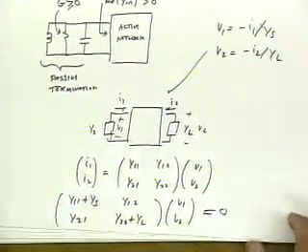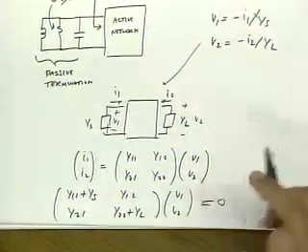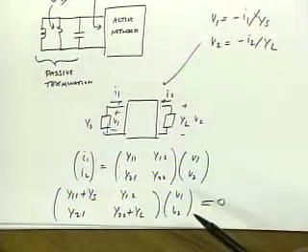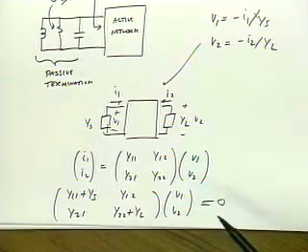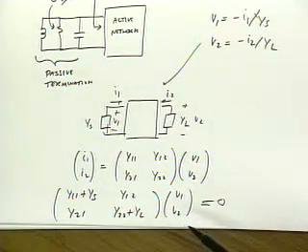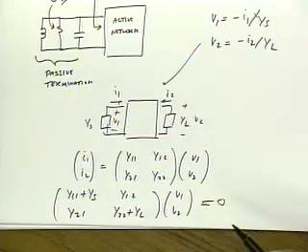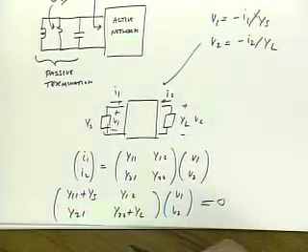Now, if there's actually a nontrivial solution to this equation, that means the system is unstable. So I want the only solution to be the trivial solution, where V1 and V2 are also equal to 0. So we know from simple linear algebra that that's satisfied if and only if the determinant of this is not equal to 0.